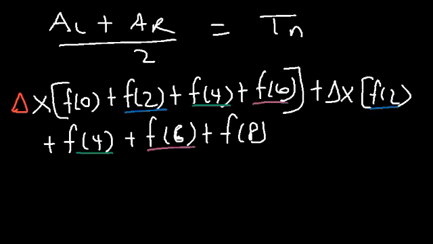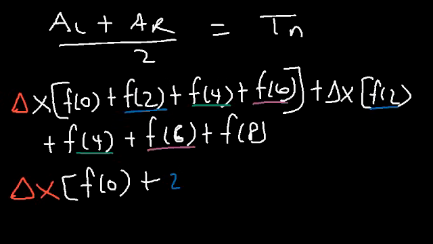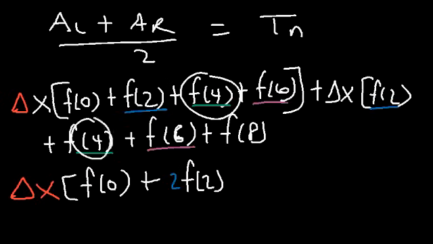So therefore, if we combine like terms, it's going to be delta x times, there's only one f of 0, there's 2 f of 2's, so it's 2 times f of 2. There's 2 f of 4's.